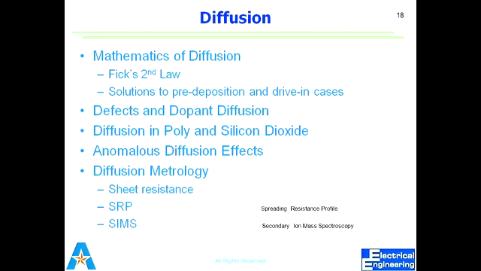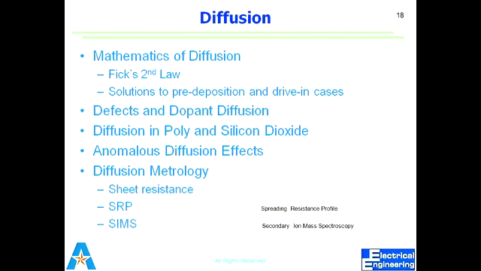As I told you, if I know that in my device I have patterns like this, I will know that I need reactive ion etching or dry etching. I would not be using isotropic wet etching. Similarly, diffusion and ion implantation have their own benefits, but I am not going to talk about the comparison, because once we talk about ion implantation, you will automatically come to know about the comparison.